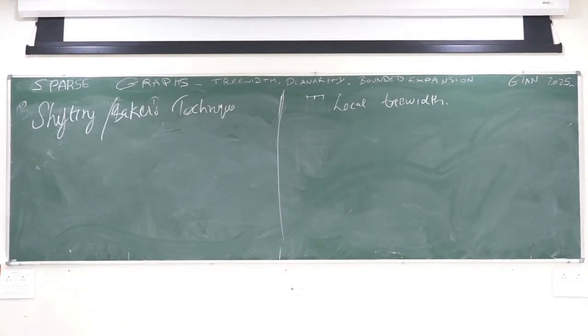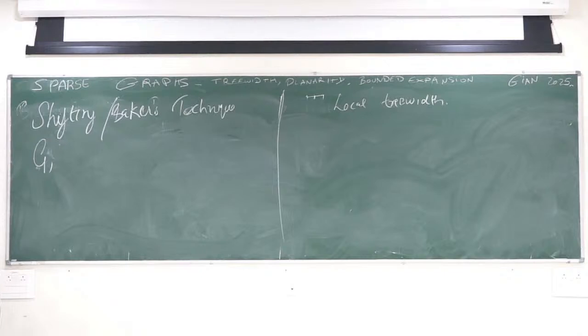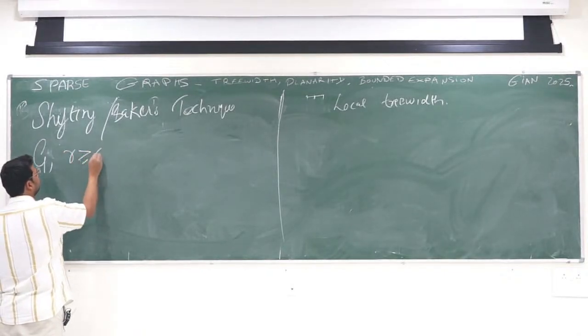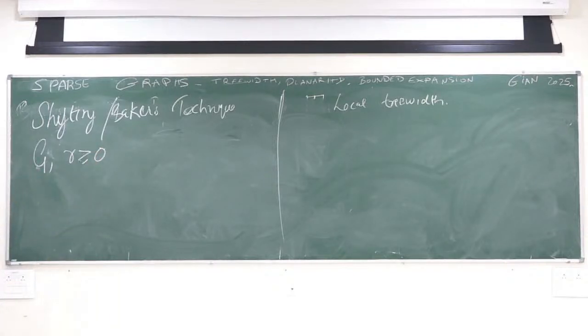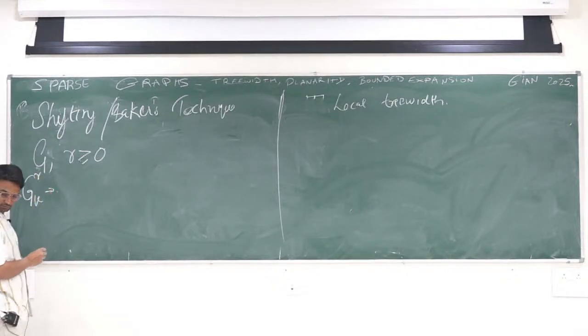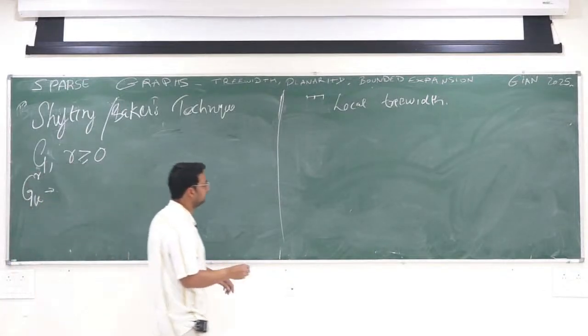So let us start with this technique. Let's say we have a planar graph G, and we are given a number R greater than or equal to 0. First, let's define something.